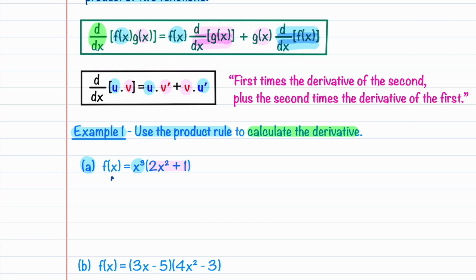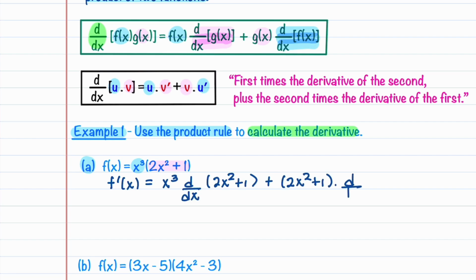The derivative can be written as f prime of x, and it is the first function, x cubed, times the derivative of the second function, which is 2x squared plus 1, plus the second function, 2x squared plus 1, times the derivative of the first function, which is x cubed.